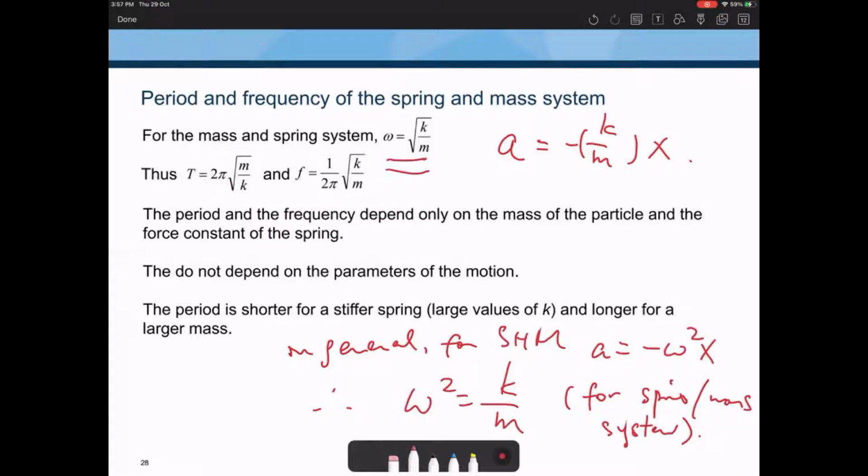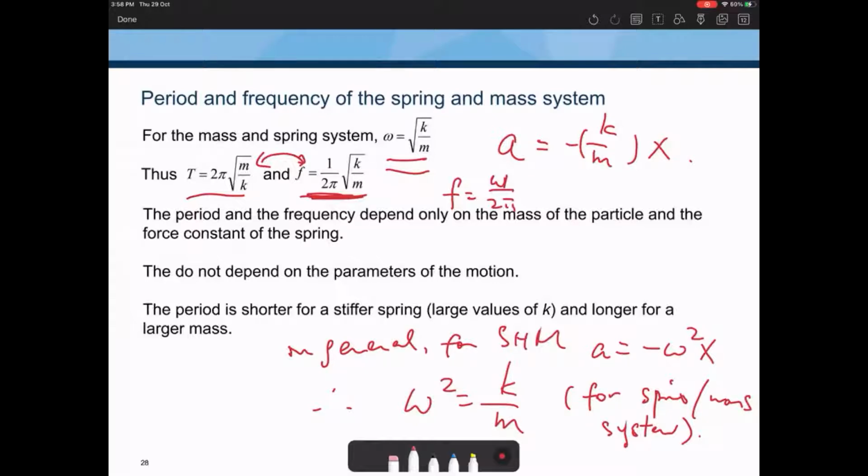So f is equal to omega over 2 pi. So that is equal to 1 over 2 pi square root k over m. And T is 1 over f. So that is just the inverse of the term that we have just seen here.